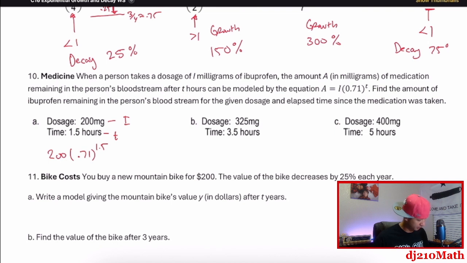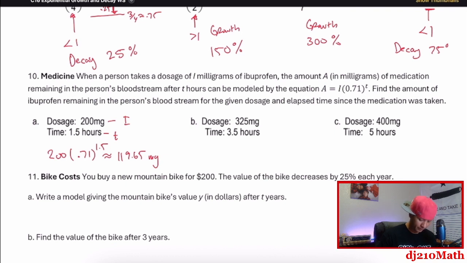So straight to the calculator. We have 200 times 0.71 to the 1.5. So the amount in milligrams. So 119.65 milligrams.